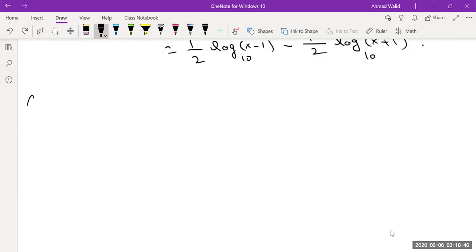One more example, just a quick review of logarithms.